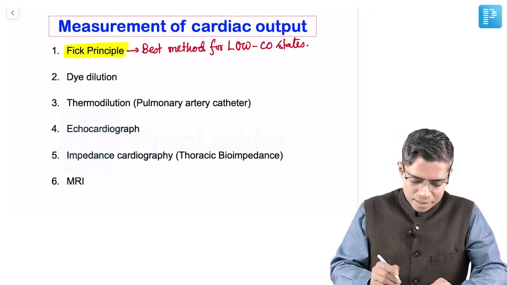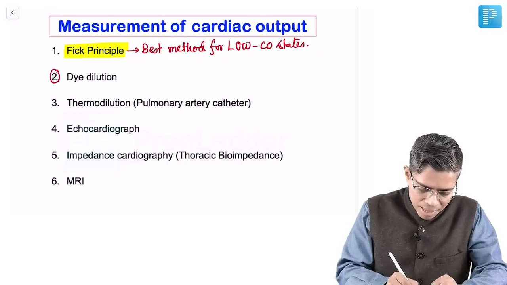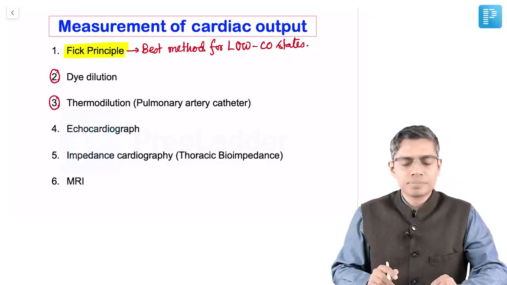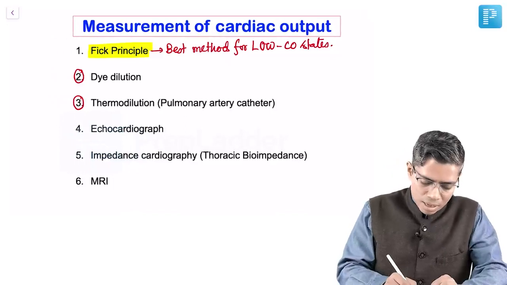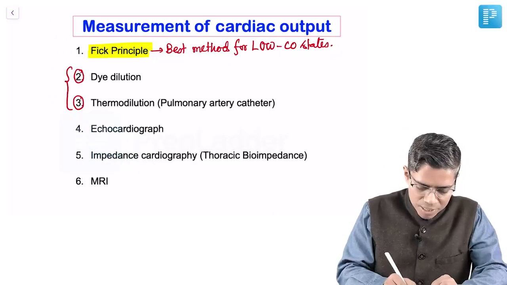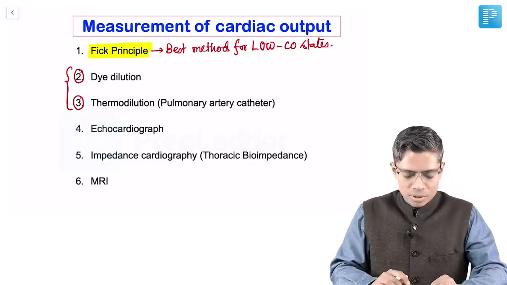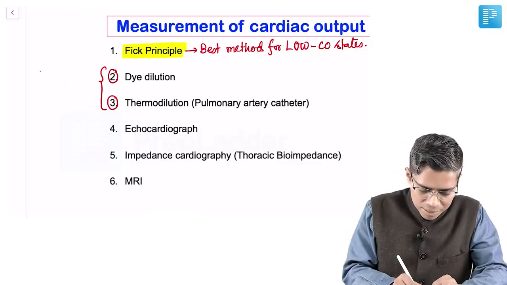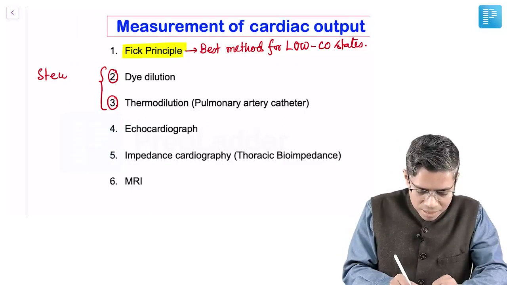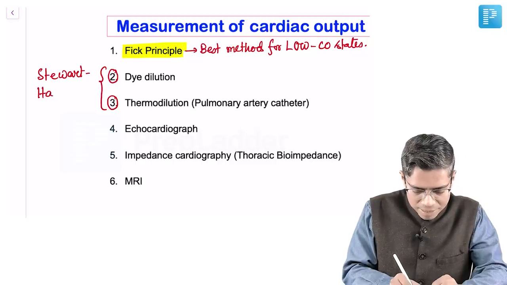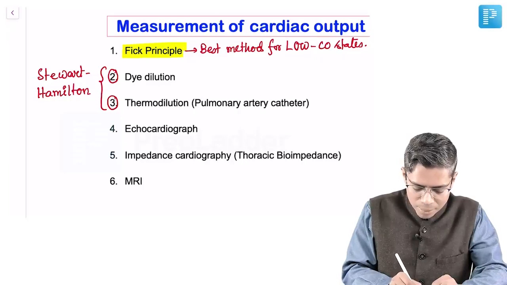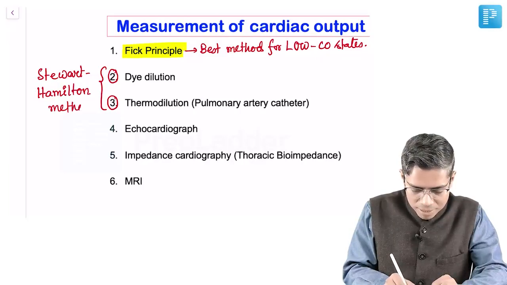Now second, that is the dye dilution method as well as this thermodilution method. Both of these methods are based on the same principle, and that principle was first discovered by two scientists, Stewart and Hamilton, S-T-E-W-A-R-T, M-I-L-T-O-N.